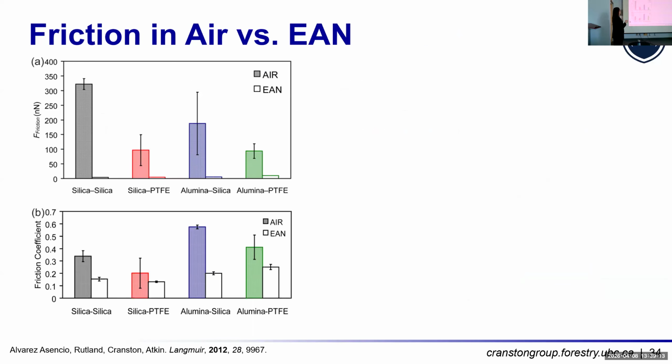In short, the reduction in friction force from air to ionic liquid for all the material combinations is pretty impressive. In ethyl ammonium nitrate, the friction is very, very low. Looking at the friction coefficient, so how sensitive friction is to the load, again you can see that in almost all cases in ethyl ammonium nitrate the friction coefficient is almost identical.